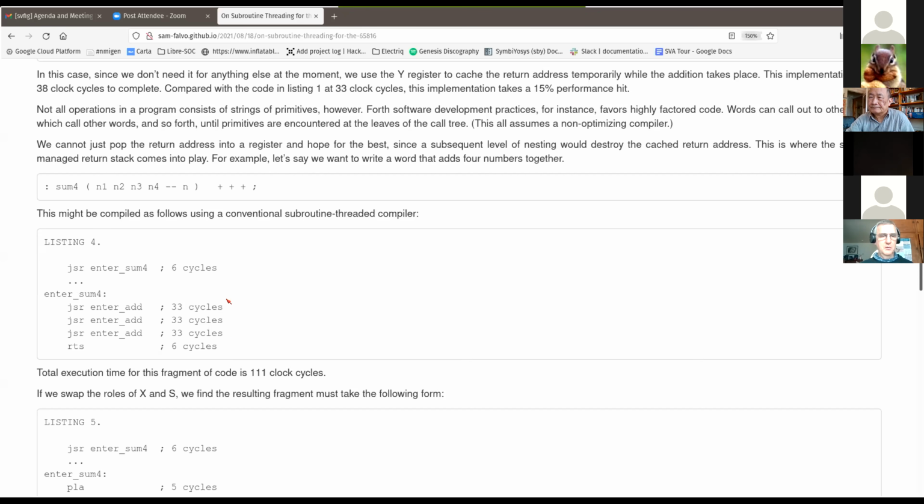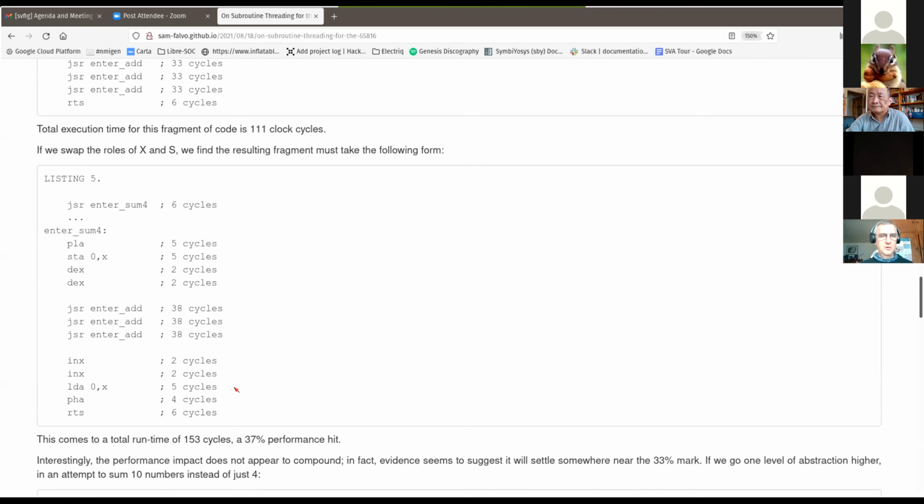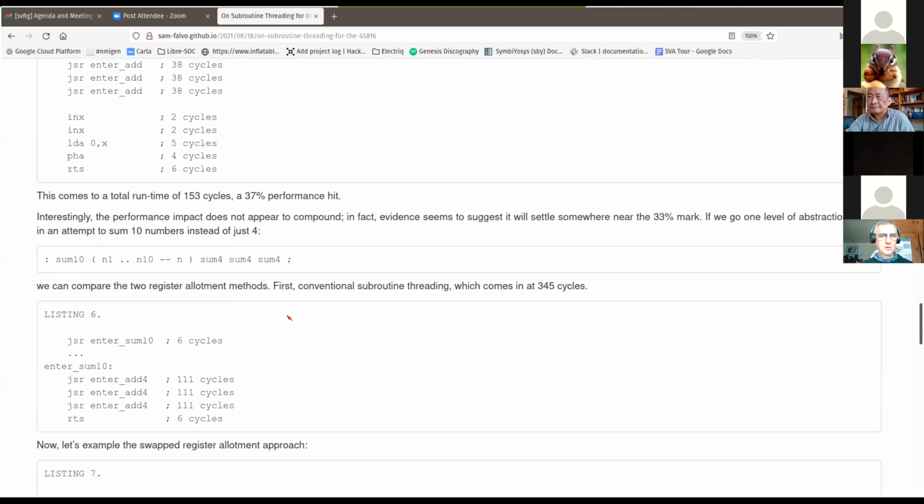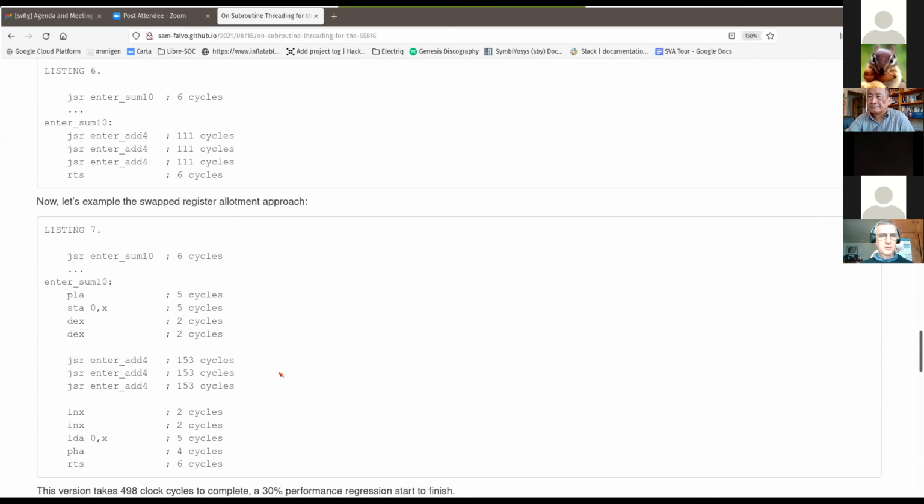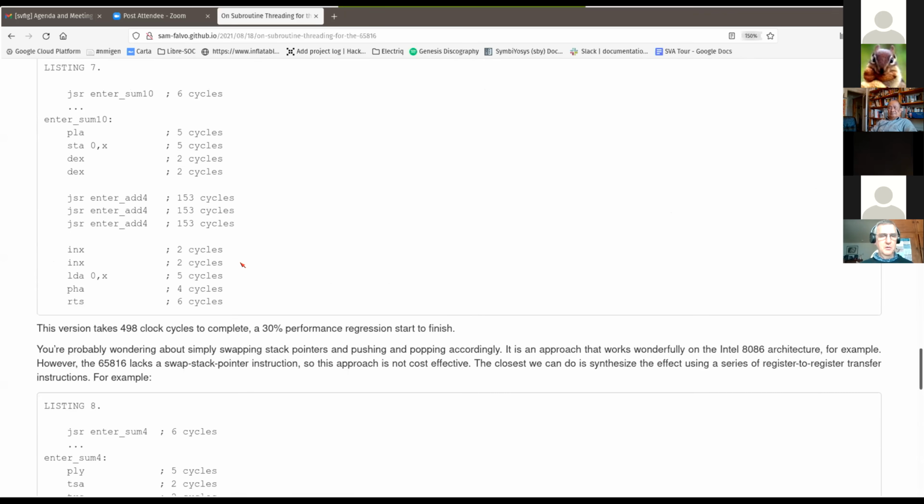Collecting some numbers here, we already know that the addition takes 38 cycles, so all we need to do is sum up everything that comes around it. I did this for a couple of different levels. Here's a case where a colon definition calls a colon definition, which then calls a primitive. You can see that the clock cycles are really starting to add up.